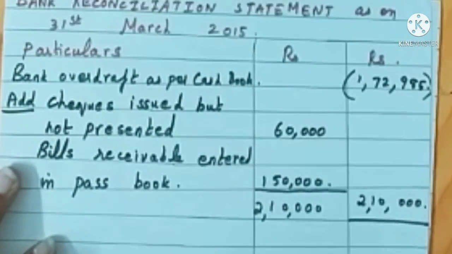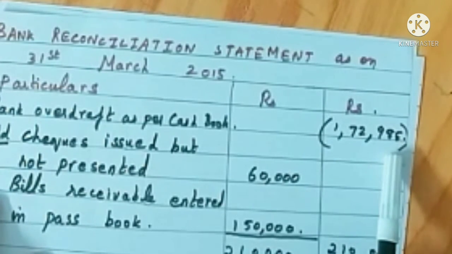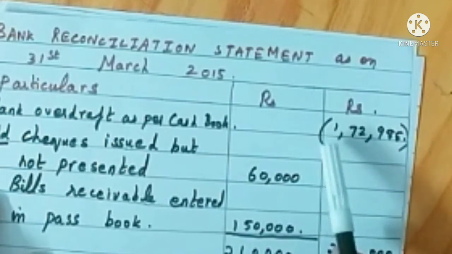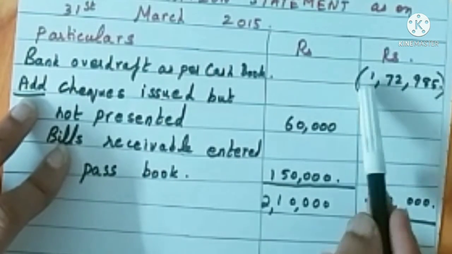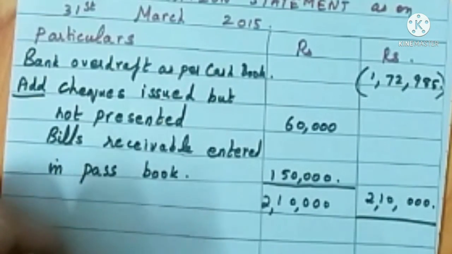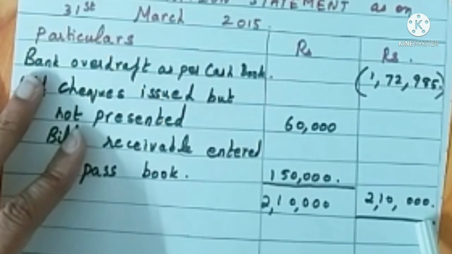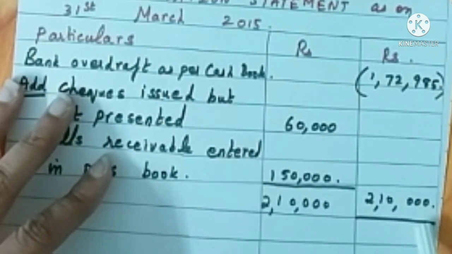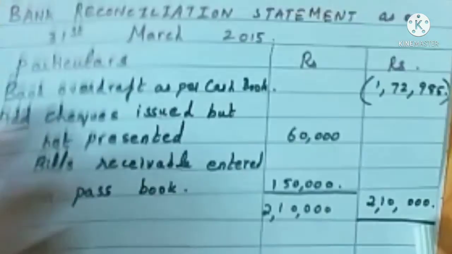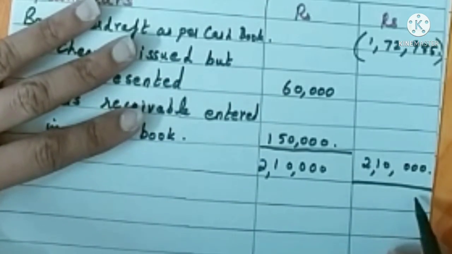See here, this is an unfavorable balance, that is minus, okay? So what we should do, minus into plus is minus. We have to deduct this 1,72,985 from 2,10,000. So if you deduct this 1,72,985 from 2,10,000, what do you get? You get rupees 37,015.